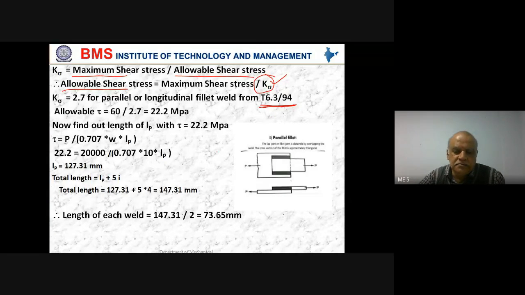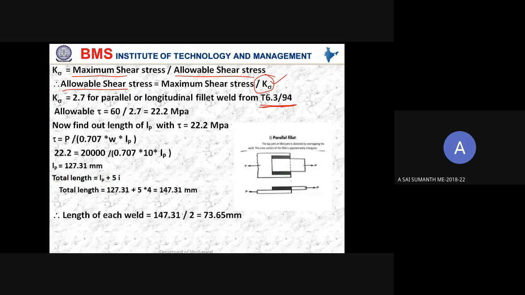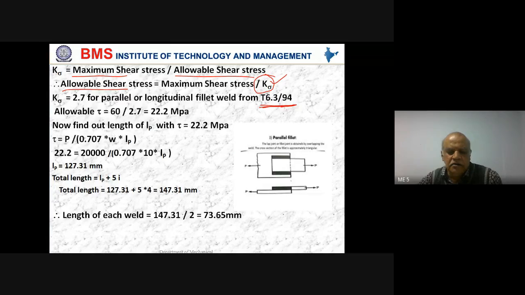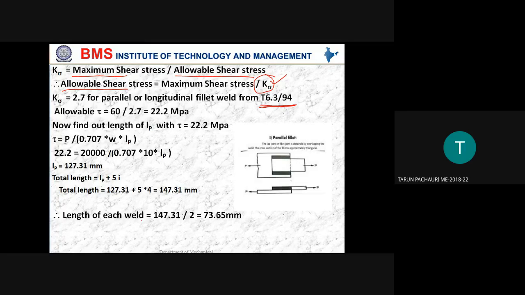Are you there? One of you please read table 6.3, starting from the beginning. Reinforced butt weld, the stress concentration factor is 1.2. Toe of transverse fillet weld, the stress concentration factor is 1.5.